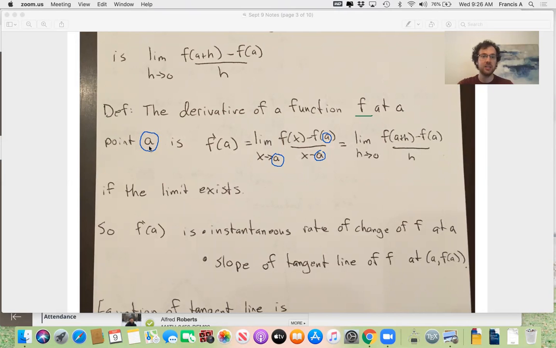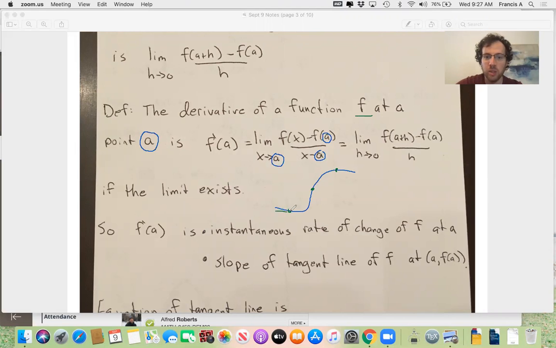And this also happens if you're thinking about slope of the tangent line. If you have a particular function in mind, so let's draw one. You have a particular function here. If you pick different points on this, so you have some point here, some point here, some point here, you get different slopes.